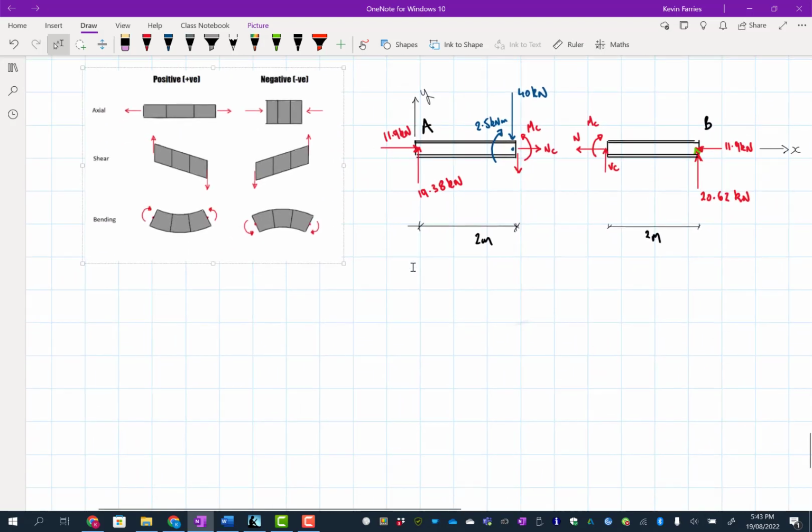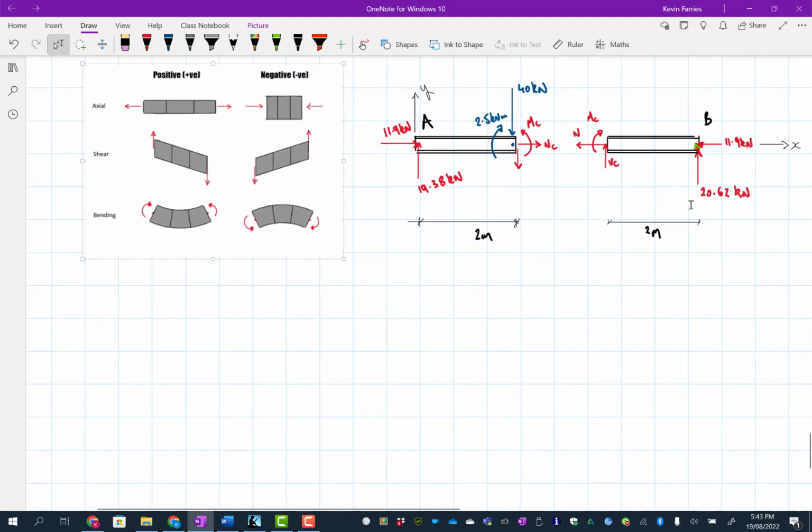Now what am I going to do? So now I'm going to use one side or the other. So you're switching back to your normal sign conventions now. Just using normal sign conventions. And I'll probably calculate it with this side and check it with this side, I reckon. Let's give that a go.